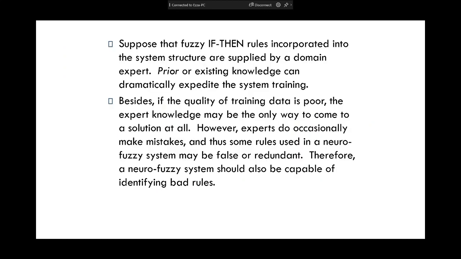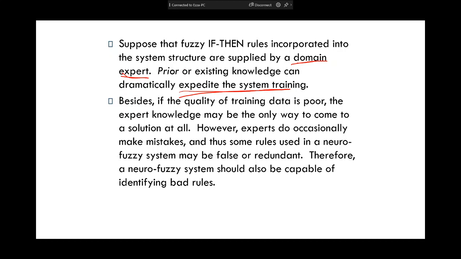Suppose that fuzzy if-then rules are incorporated into the system structure, supplied by a domain expert. So first we have the if-then rules from the domain expert. Prior or existing knowledge can dramatically expedite the system training.